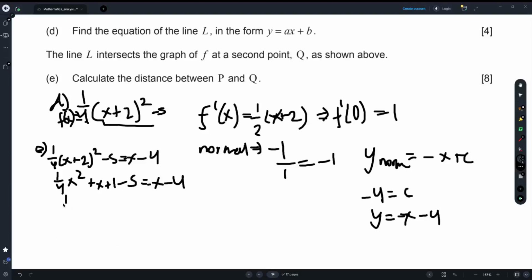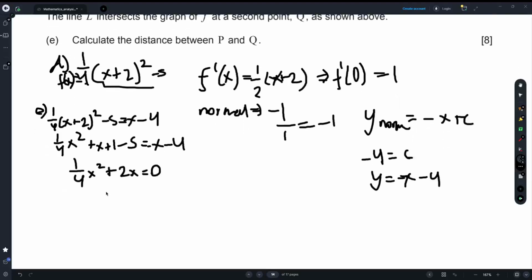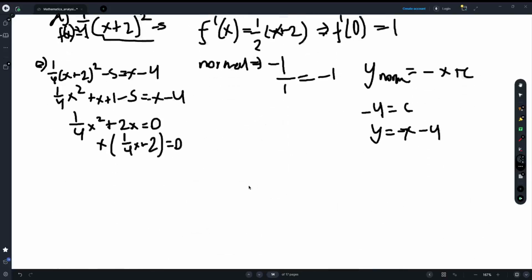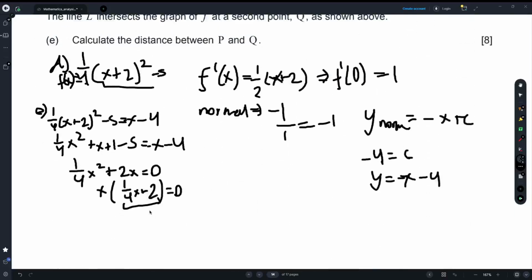Okay, so 1/4 x squared plus 2x plus 1 minus 5 minus 4, and then there's minus 4 on both sides, so we can cancel it out, and we just get x times (1/4 x plus 2) equals 0. So we know that it intersects at one side, x equals 0 already, so we want this solution.